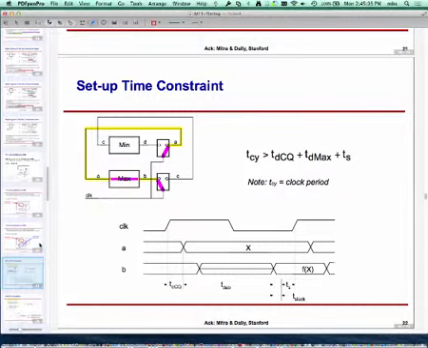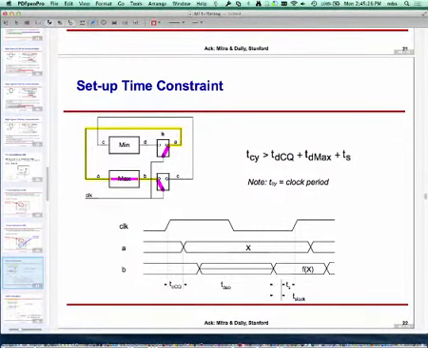So in all systems, there are two constraints you have to worry about. One is the setup constraint and the other is the hold constraint. So what's happening is the following. Let's imagine I look at this path, that at one clock edge, this flip-flop read a value from its input.